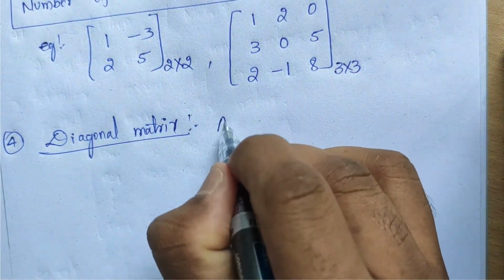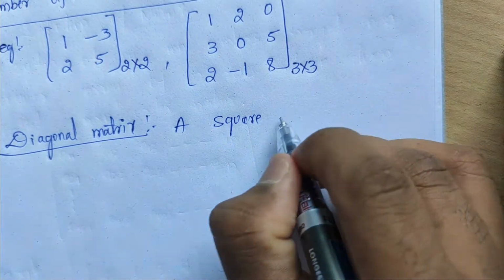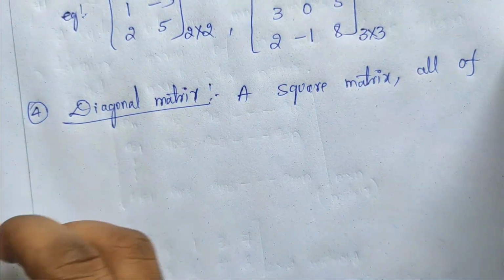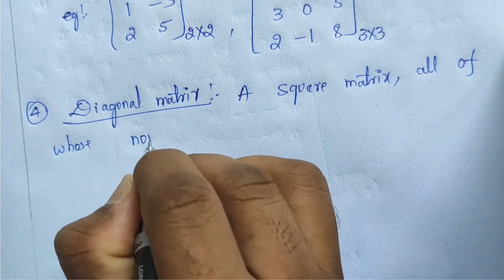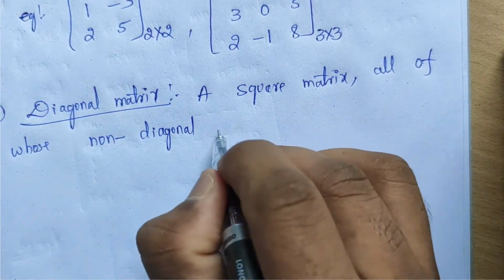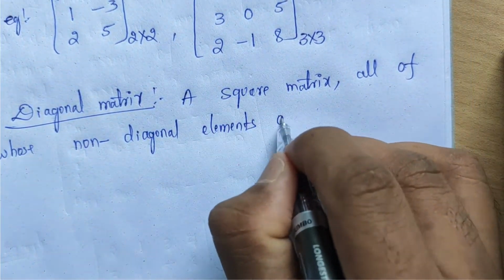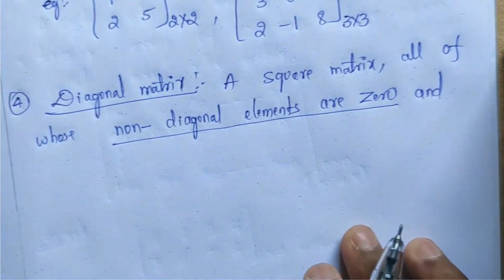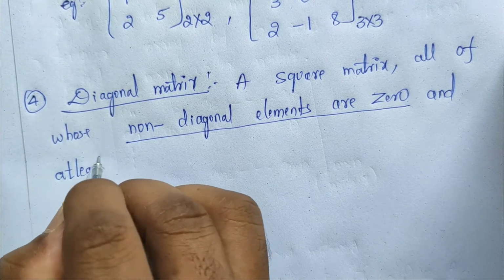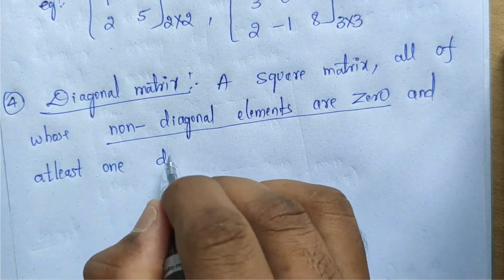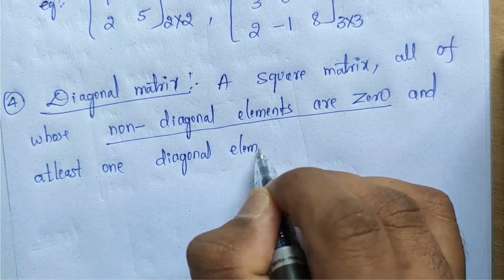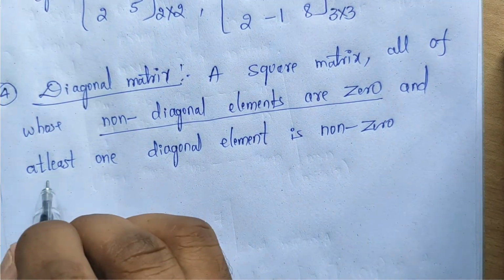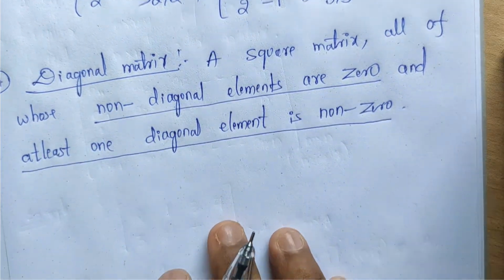Write down: a square matrix all of whose non-diagonal elements are 0 and at least one diagonal element is non-zero is called a diagonal matrix.